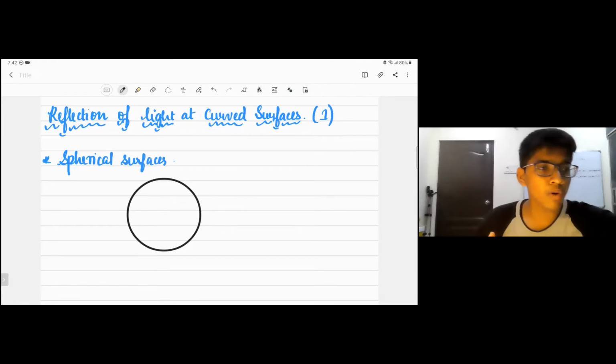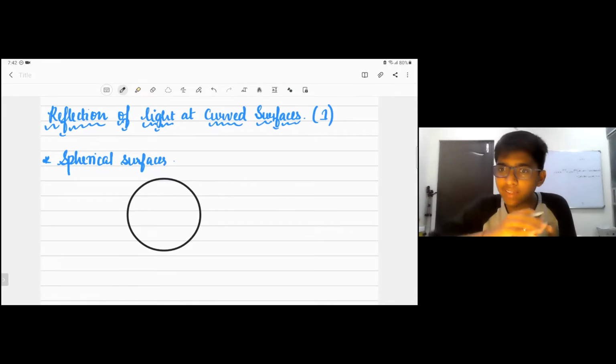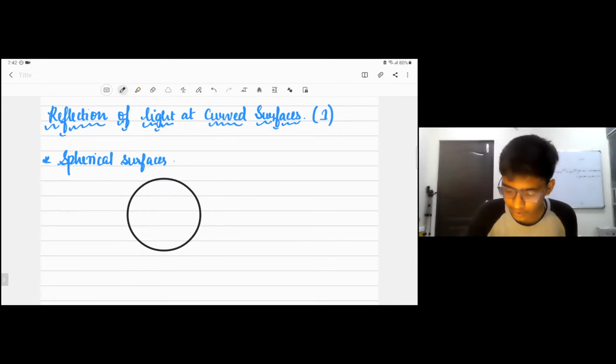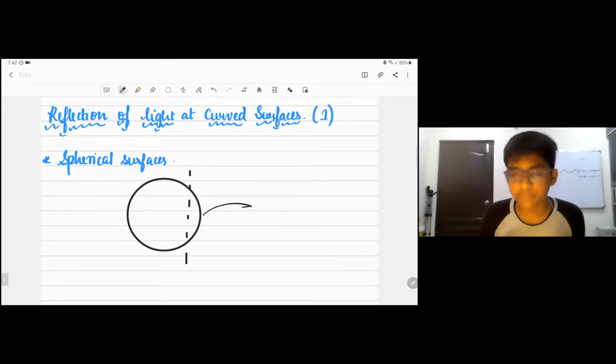You discussed the gem's ball, right? So, similarly, I take a sphere like this and silver its outer part. When I silver its outer part, I cut a small portion from it, I cut this area and remove it.